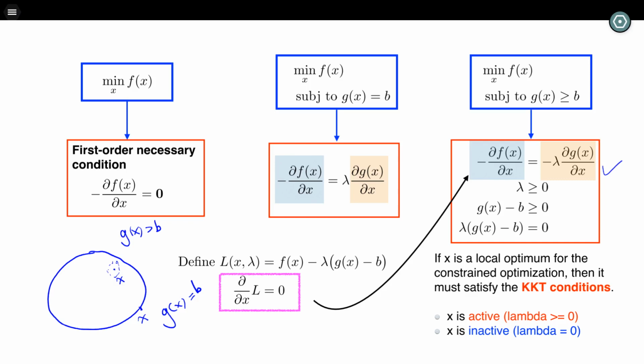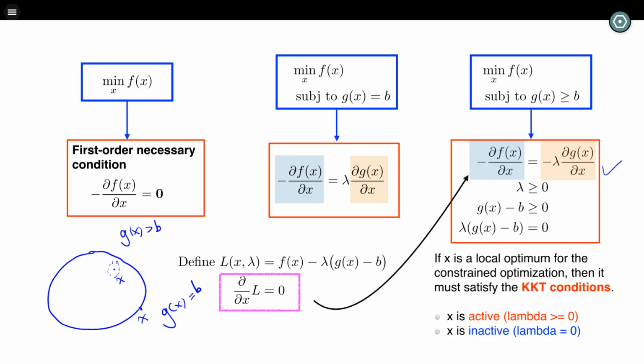Okay, so your Lagrangian must be specified this way: objective function minus lambda times the constraint, and the constraint is specified that way. And so the first condition, that equality, is just the derivative of the Lagrangian with respect to the argument of the original problem.